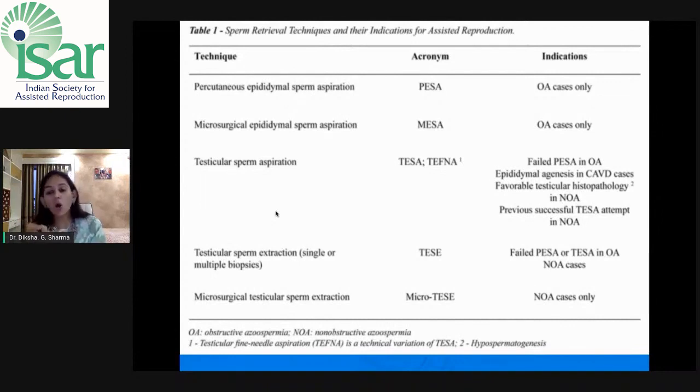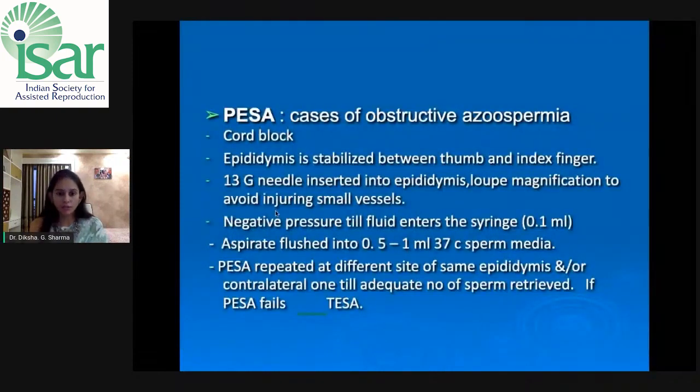In failed PESA or TESA, or in most non-obstructive azoospermia, we should go for a testicular sperm extraction, either single or multiple random biopsies. Another next step is to go for a microsurgical TESE, which can improve yield, but it depends on whether the facilities are available. Especially in Klinefelters, this is the procedure of choice.